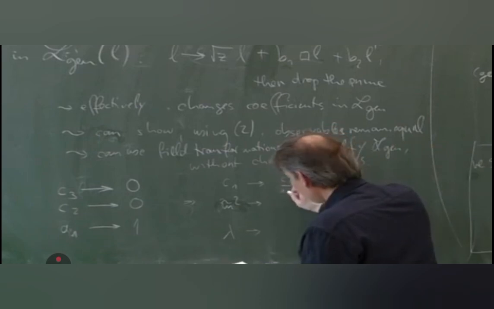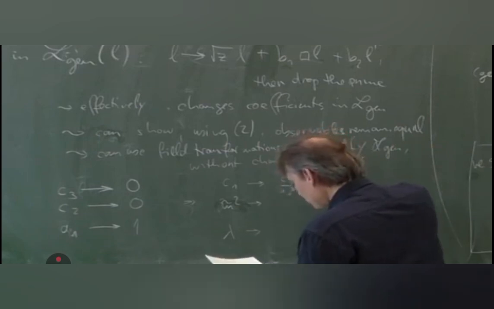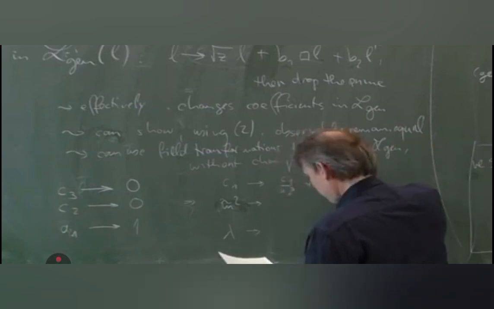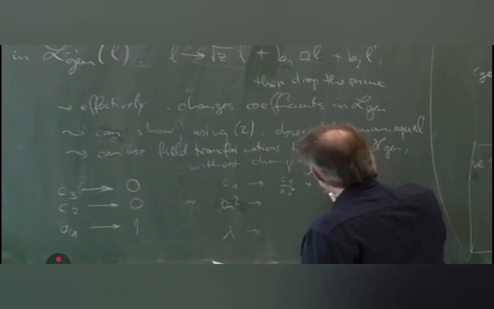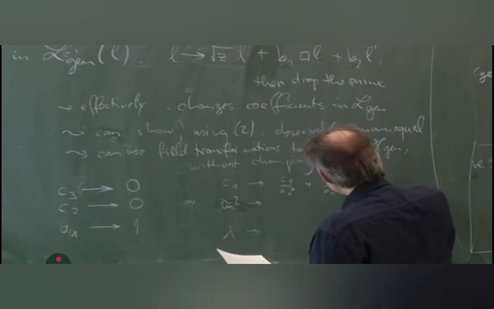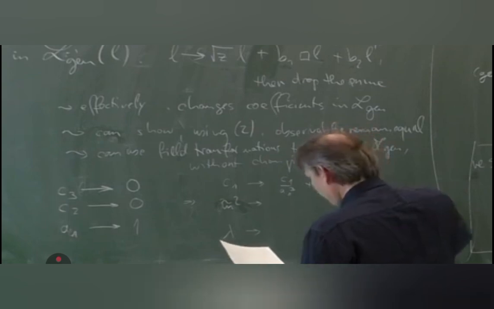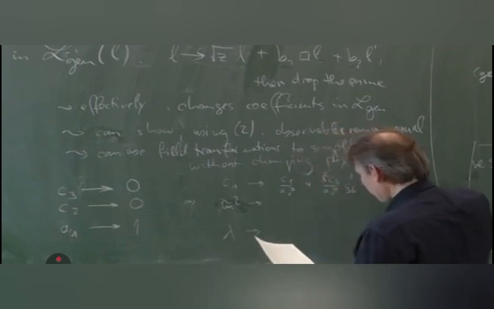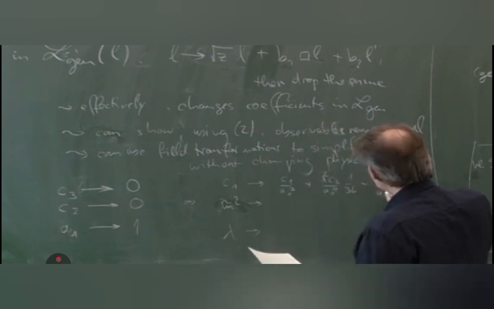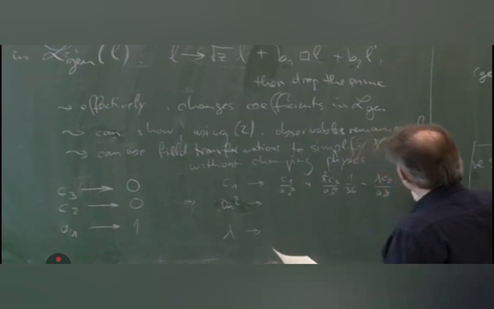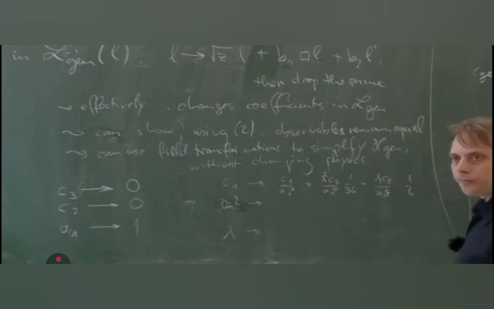C1 becomes C1 over A1 cubed plus lambda C3, lambda squared C3 over A1 to the 5th power times 1 over 36, minus lambda C2 over A1 to the fourth power times 1 over 6.